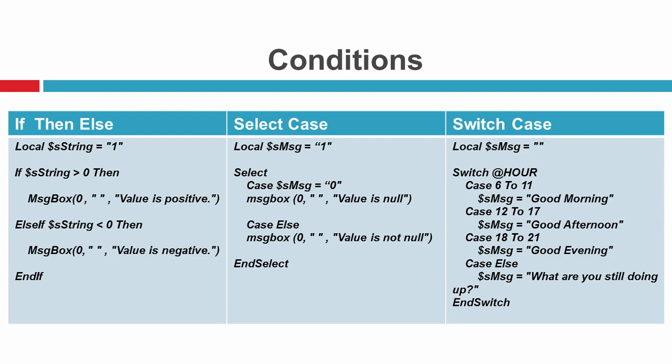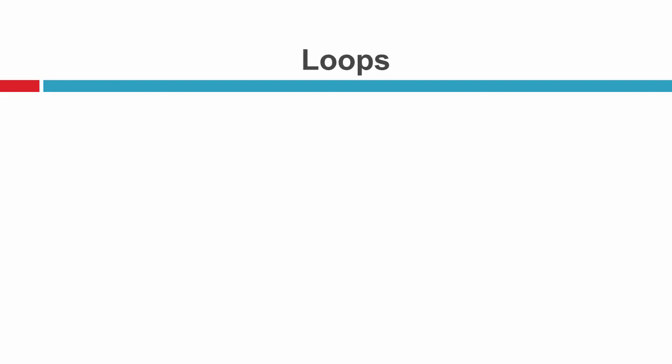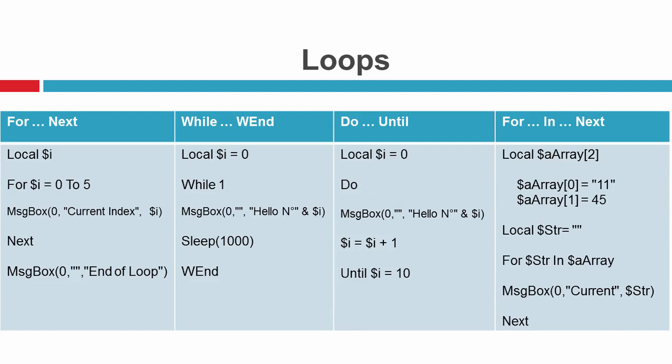In the middle we have Select Case, if you want to use the Select Case syntax for conditions, and Switch Case, which looks a little bit like Select, and is also used with the syntax seen here. For the loops now, we can use For Next, While WEnd, Do Until, For In Next. Below you can also find examples of those implementations and the syntax related to those different loops.